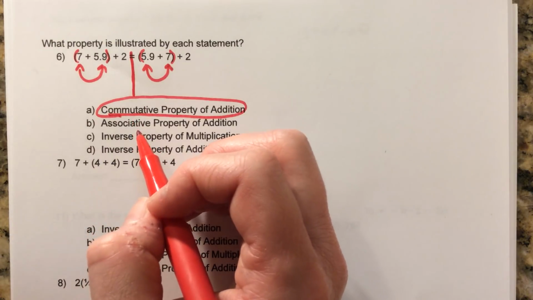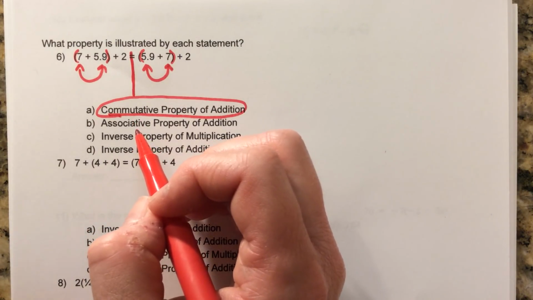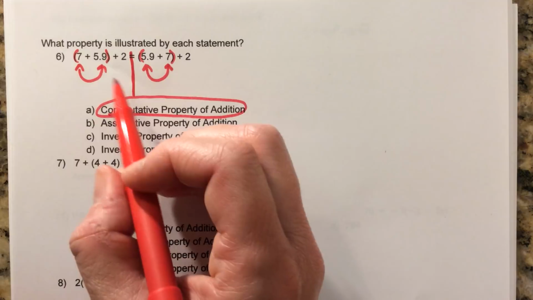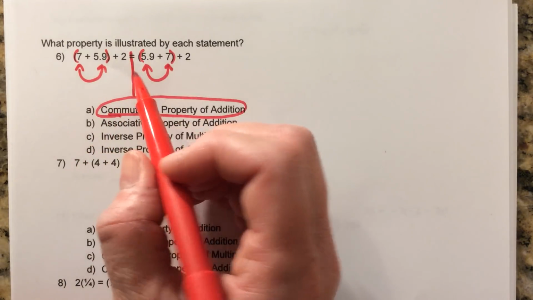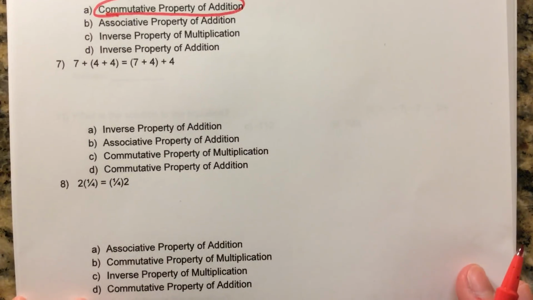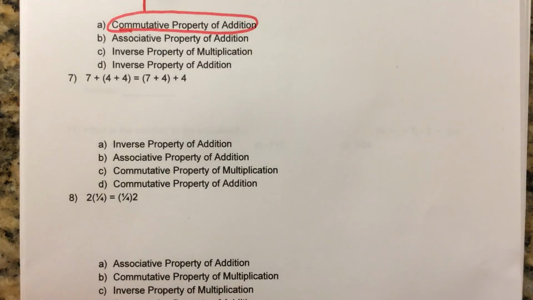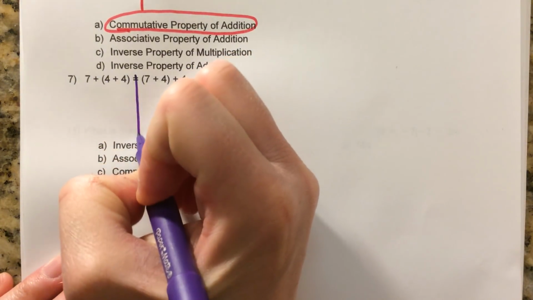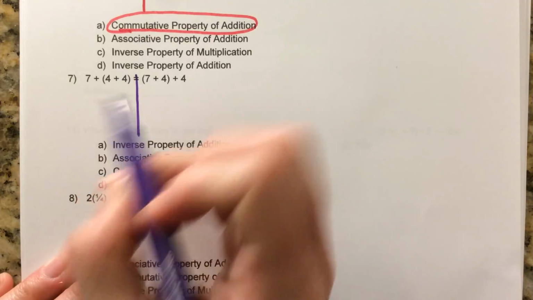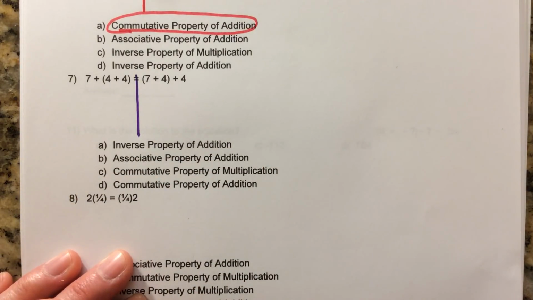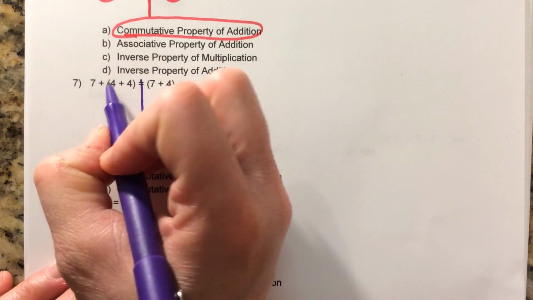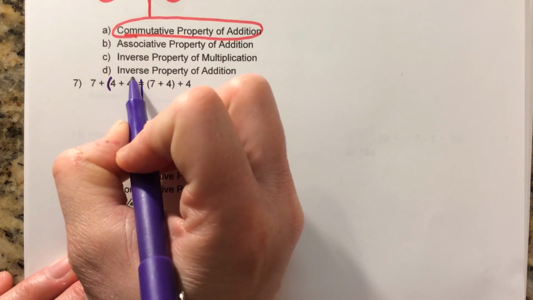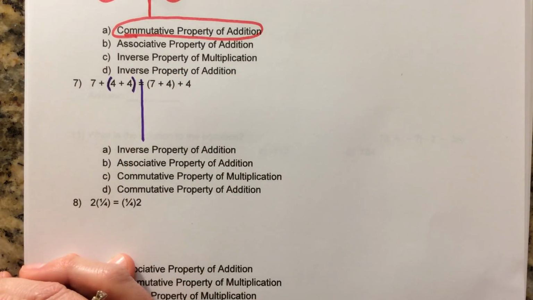Remember when we talked about commuting back and forth to and from school? It's kind of like that. You can commute the numbers, change them back and forth, and still get the same answer. For number 7, again, I'm going to draw a line down the middle, and I want you to look at both sides of the equal sign and notice what's different. Do you see here on the left side, they're grouping the 4 plus 4 first.